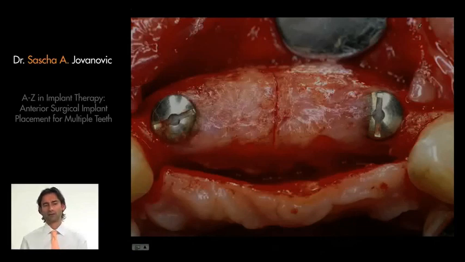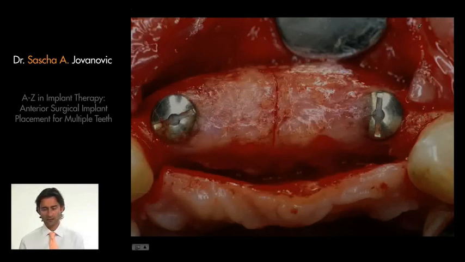So now the 2 implants have been placed in the lateral incisor area. We have the 2 pontics now available for the central incisors. And we can also now develop a good ridge because of this soft tissue which we have allowed to heal in the first 6 weeks.